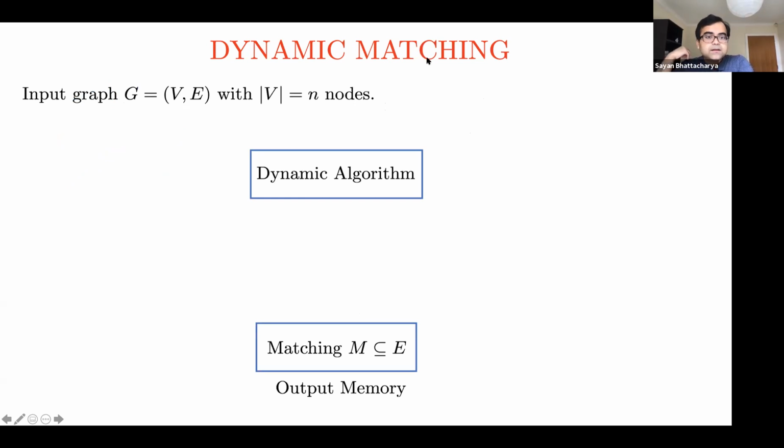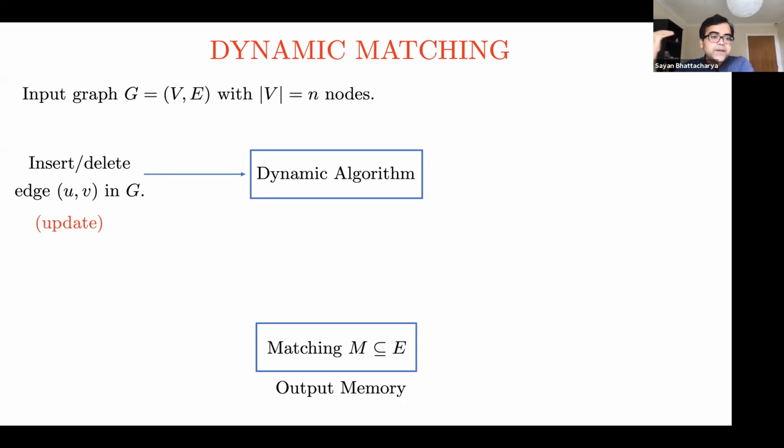Okay, now let me define the problem a bit more precisely. We have an input graph G with n nodes that keeps changing via a sequence of updates. And our dynamic algorithm is supposed to store a matching M of this input graph in an output memory. So an update inserts or deletes an edge in the input graph.